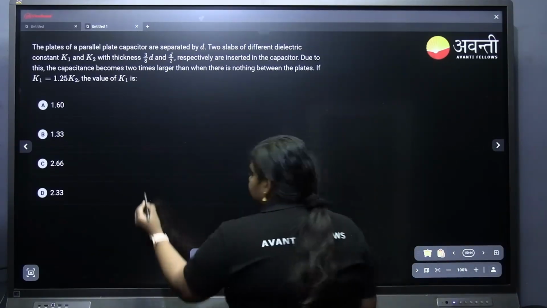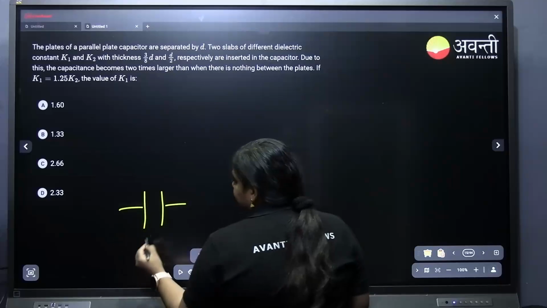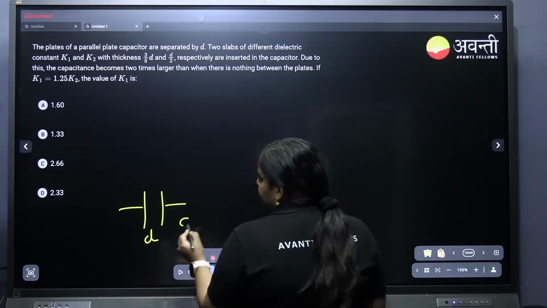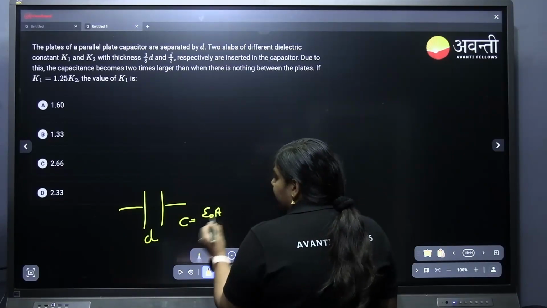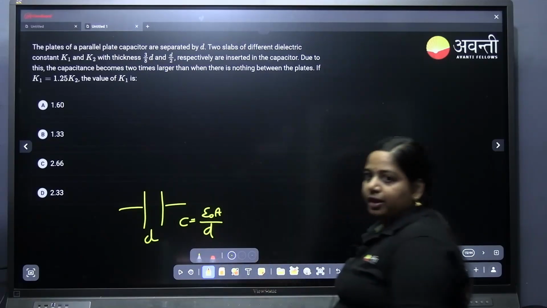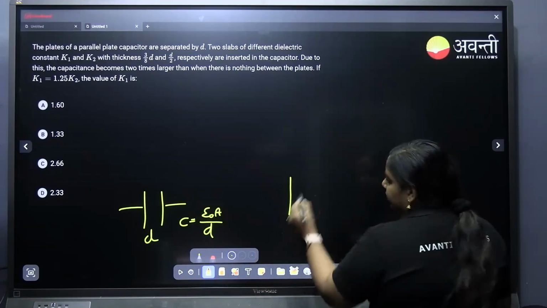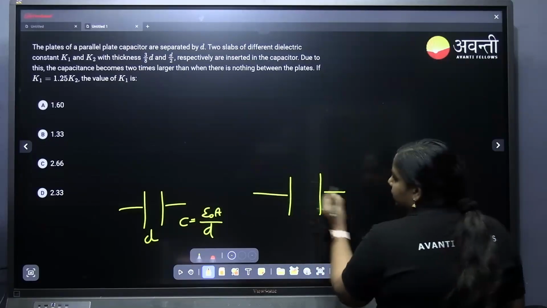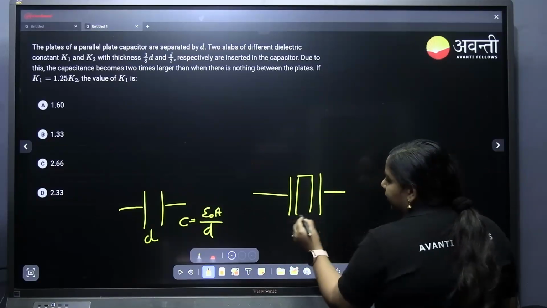So initially there was a capacitor with distance D in between. Its capacitance will be epsilon naught A by D. Now what they did is, in that capacitor they inserted 2 dielectrics.